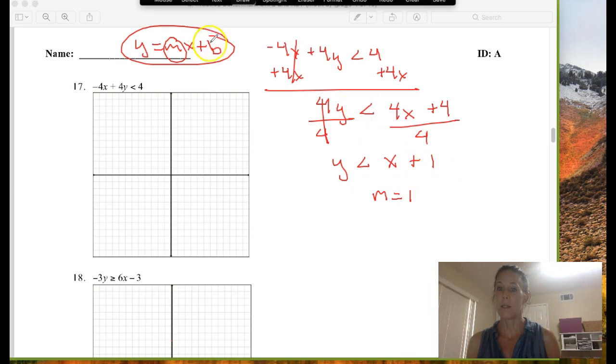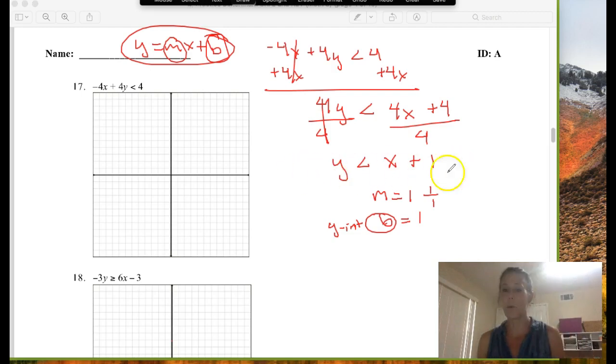The constant is my y-intercept, and that would also be 1. Slope is rise over run, remember, so that's 1 over 1. And this would be my y-intercept. So remember, that's what b is, y-intercept. All right, so there's my slope and y-intercept.